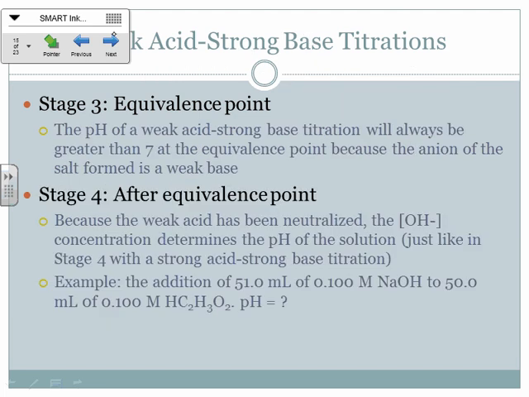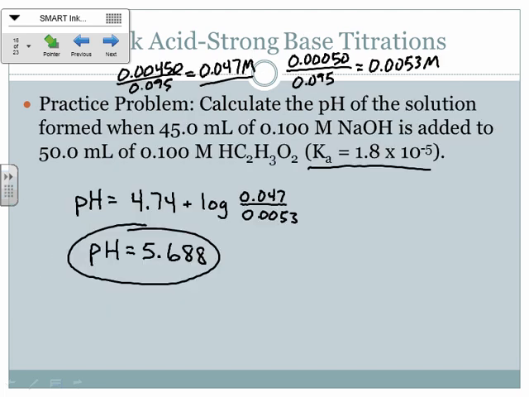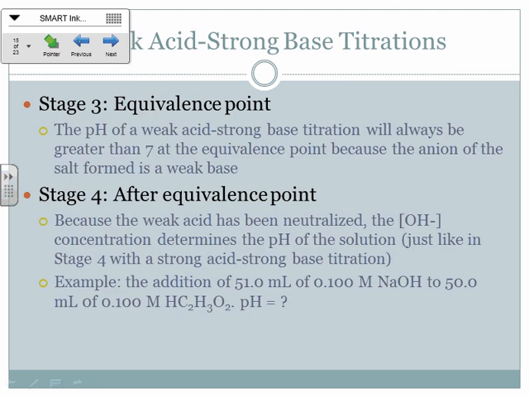And then the last step, we're just going to assume that the OH minus coming from the strong base is what determines the pH. So find out how much OH minus you have left over, and then use that concentration to figure out the pH. Okay, so those are your 4 steps there in the titration.